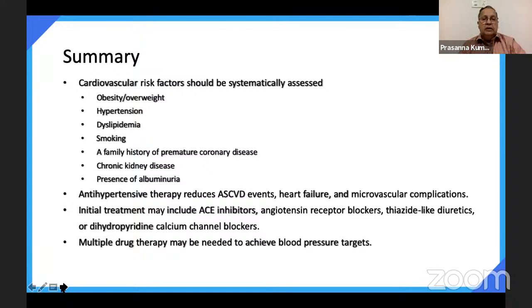Antihypertensive therapy reduces atherosclerotic cardiovascular events, heart failure, and microvascular complications. Initial treatment may include an ACE inhibitor, as I told you, or an ARB, that is angiotensin receptor blocker, or diuretics, preferably thiazide-like diuretics, or a dihydropyridine calcium channel blocker, known as CCB.